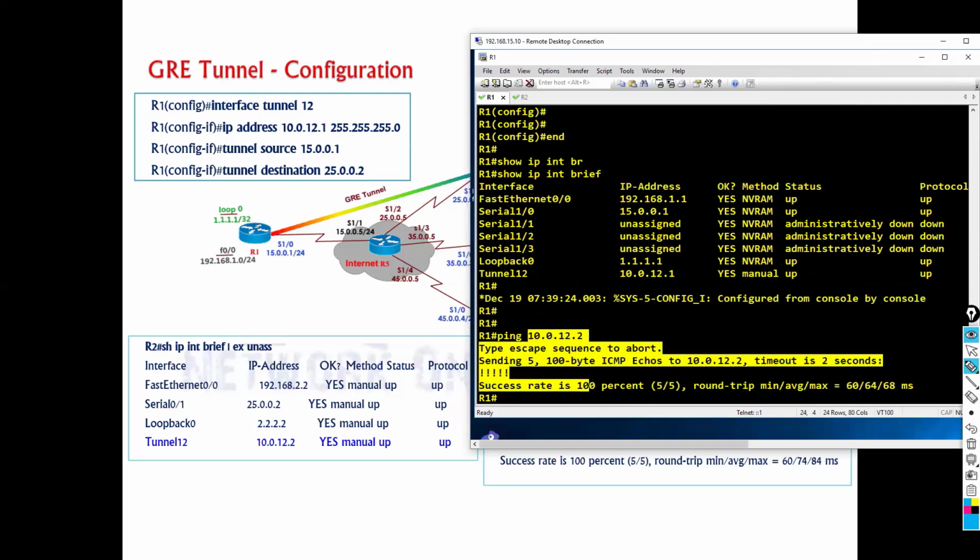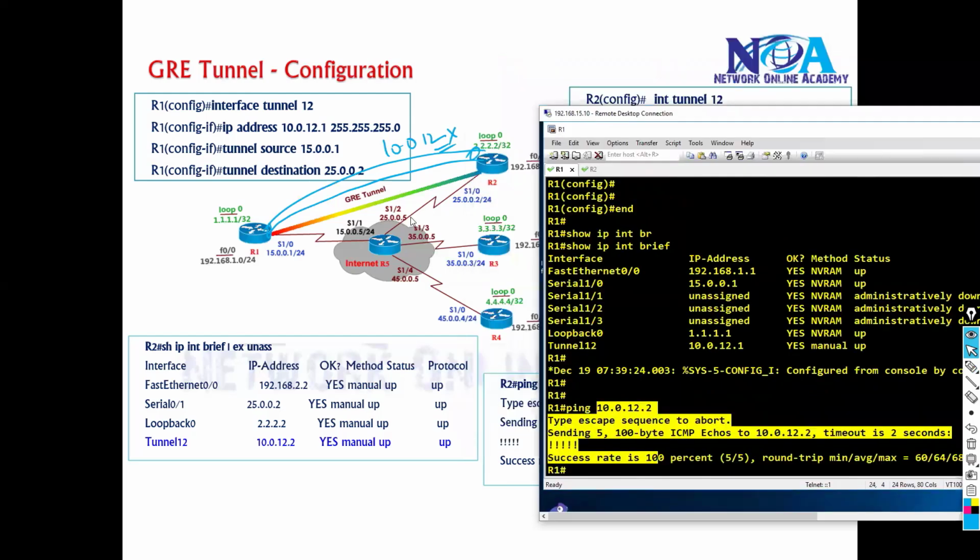Now this looks as if router 1 connects to router 2 on the 10.0.12 subnet. So this is a kind of logical tunnel, or logical WAN link, or logical connection we are trying to establish between the two endpoints.